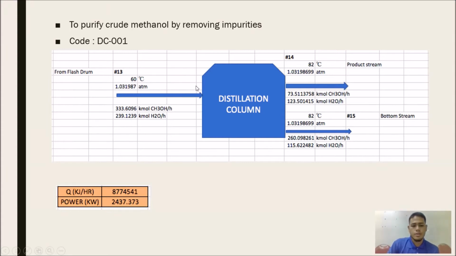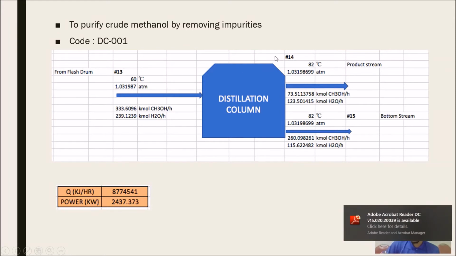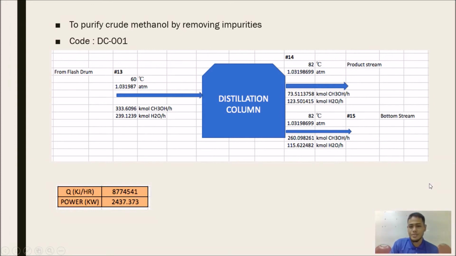The input is like that, and the output is 82 degrees Celsius and pressure 1.03, which is approximately 1 atm, for both output streams.